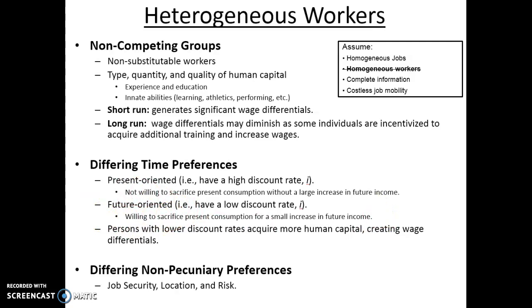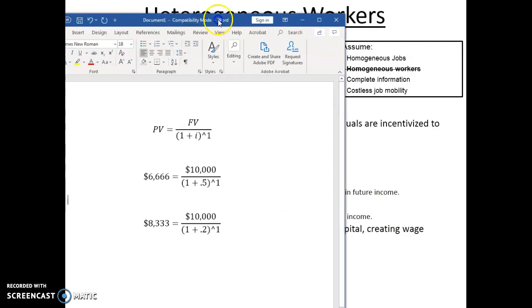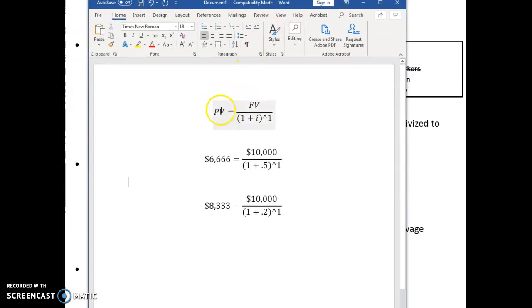To understand this a little better, we can refer back to chapter 4. If you recall, we had this net present value computation, which was the present value is equal to the future value divided by 1 plus the discount rate to the n, which is the year in the future that value would be available.